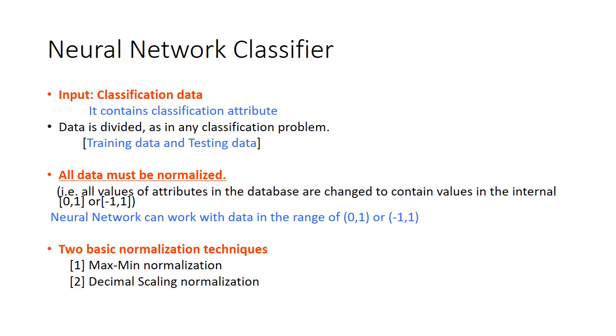And why do we use the testing data? Testing data is used to test the model. So there are two parts: the training data is used to build the model, the testing data tests the built model, and both are divided into some ratio decided by the researcher.